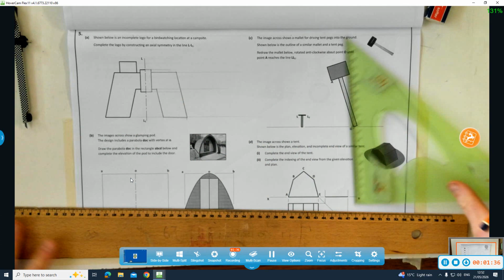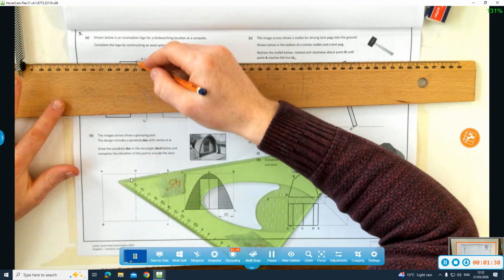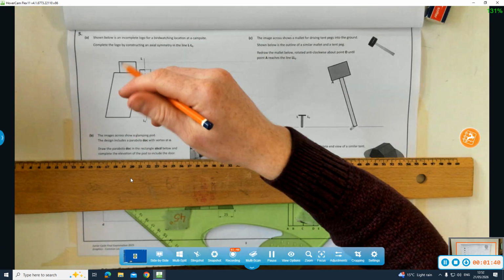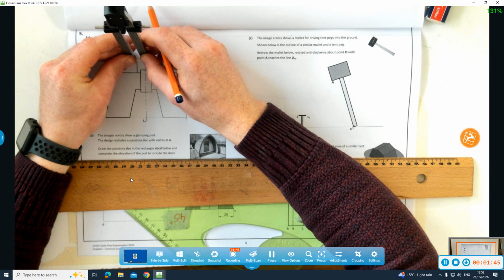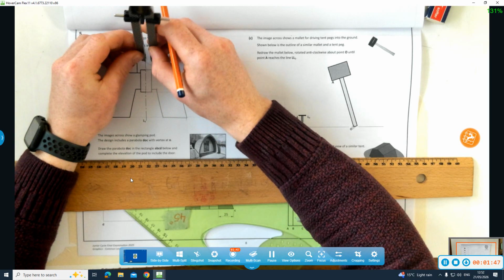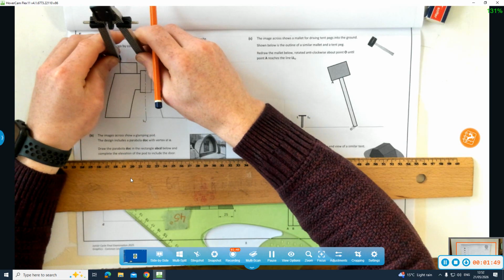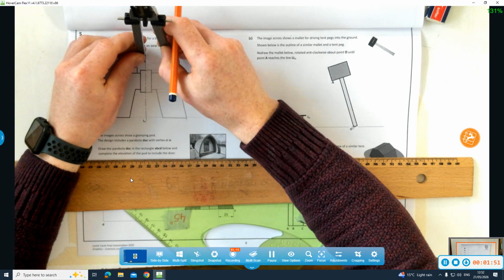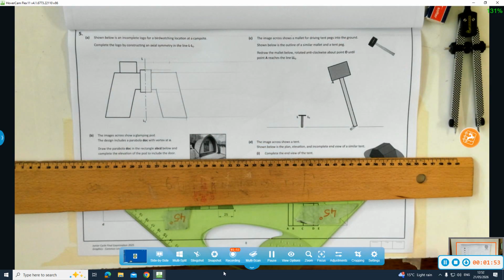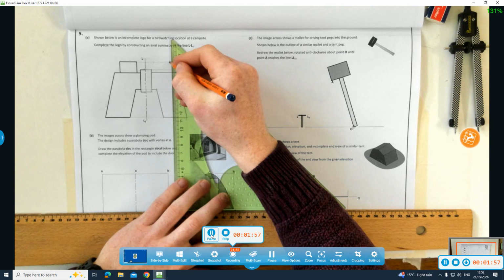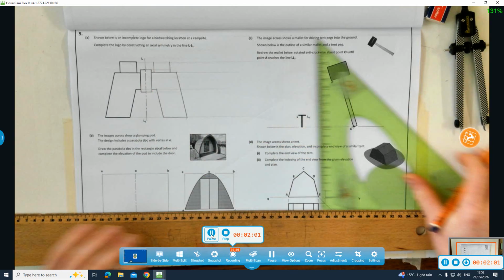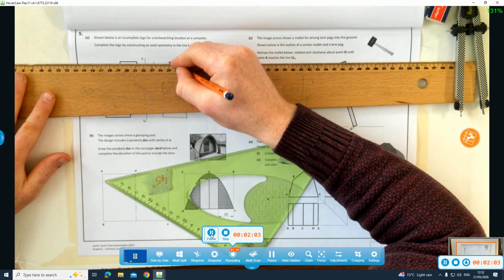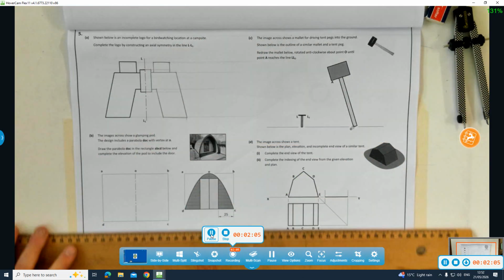All we've left in is the top part. We can bring these down. And that's that first part finished in there.